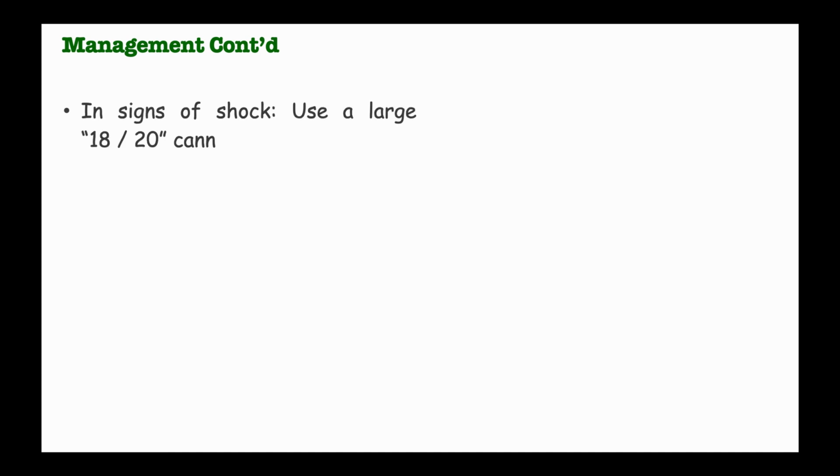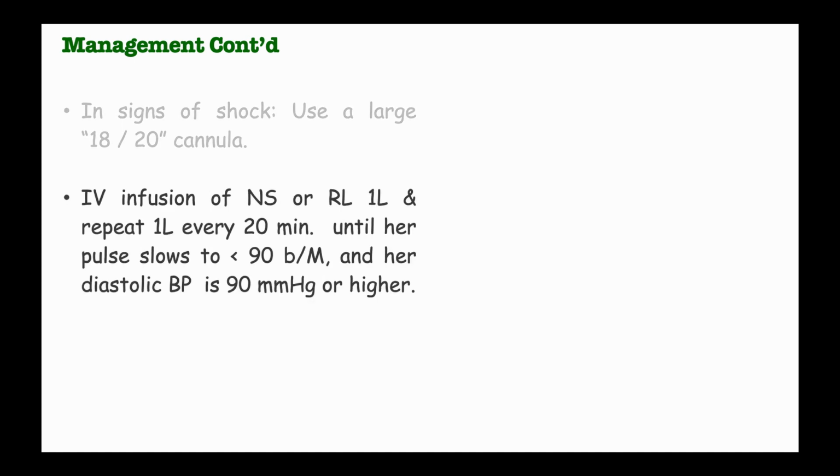If you determine that there is a sign of shock in this woman, then immediately you must set large bore cannulas, either size 18 or 20, and infuse this woman with IV fluids, normal saline or Ringer's lactate, 1 liter, and repeat after every 20 minutes until the pulse slows to below 90 beats per minute, and the diastolic blood pressure comes to about 90 millimeters of mercury.